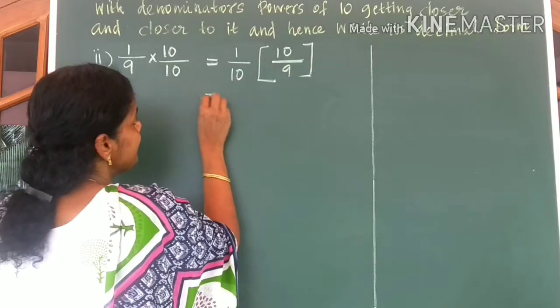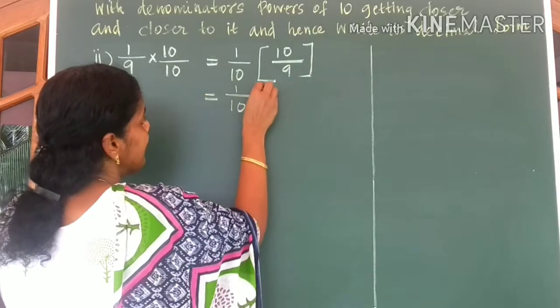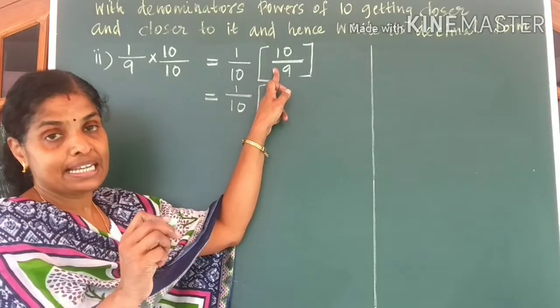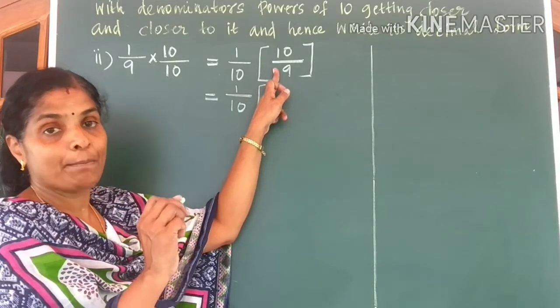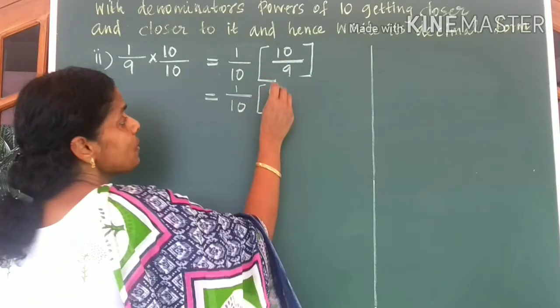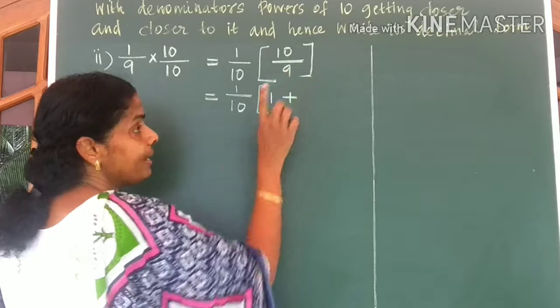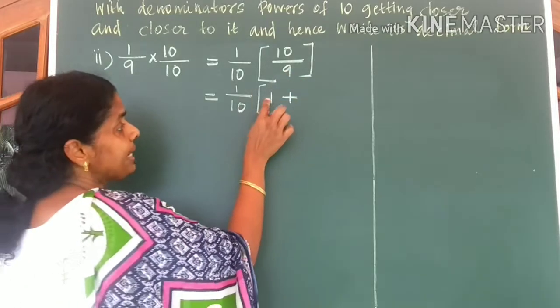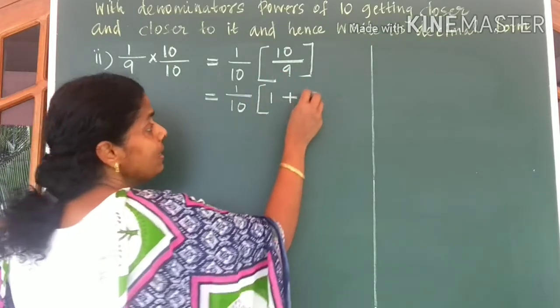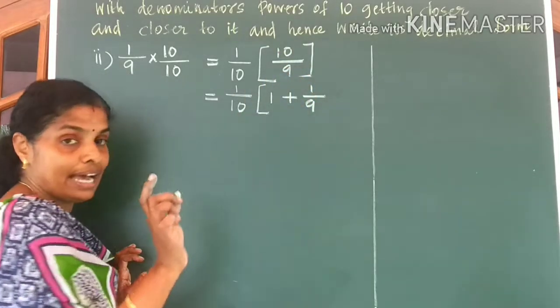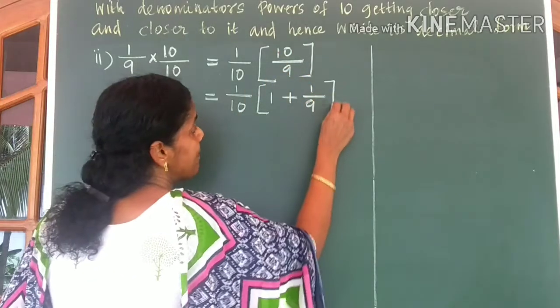Next step, this is equal to 1 by 10 into, this is an improper fraction, write it as the sum of a whole number and a fraction. So we can write it as 1 plus, because in 10 there is one 9. So you get 1 nine is 9, 1 balance. So we can write 10 by 9 as 1 plus 1 by 9.